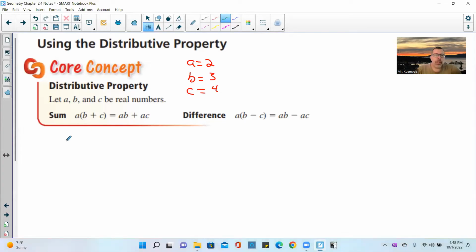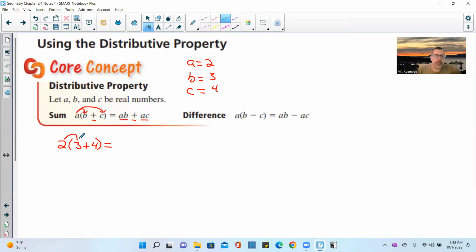So if we have A parentheses B plus C, then that equals, and what they're doing is they're distributing A times B and getting AB, keeping the sign here since A is positive out front, and then A times C is simply AC.